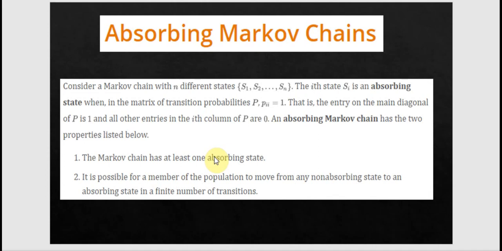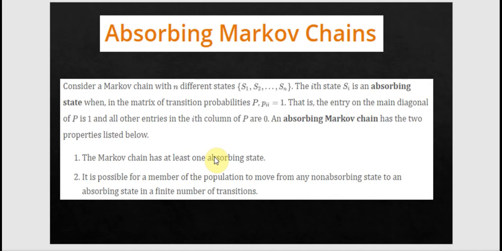That is, the entry along the main diagonal is 1, and then all other entries in that ith column of P are zeros.